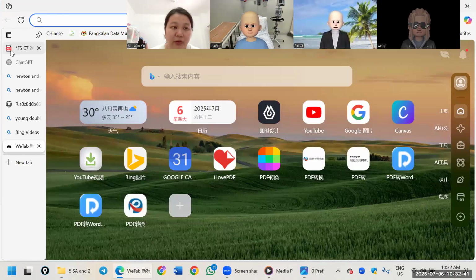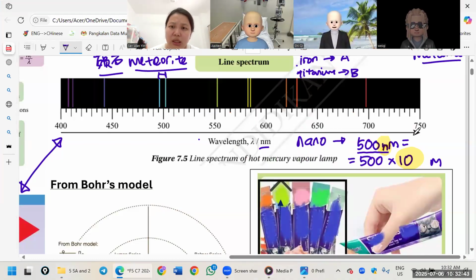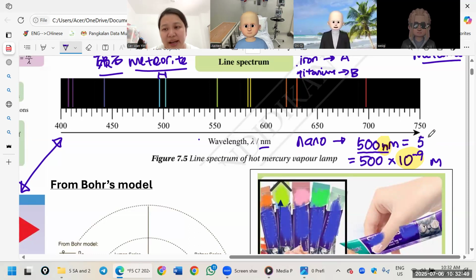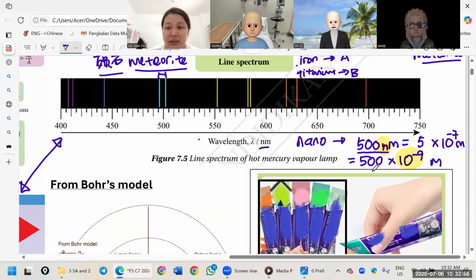Then some of you might say, oh, this is supposedly negative 9. Some of you, when you press, will get 5 times 10 to the power of negative 7. Correct? This is the translation of nano. Then this is the standard form: 500 times 10 to the power of negative 9.